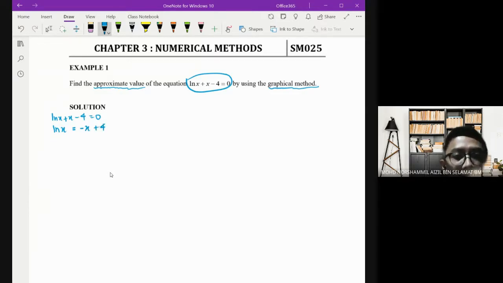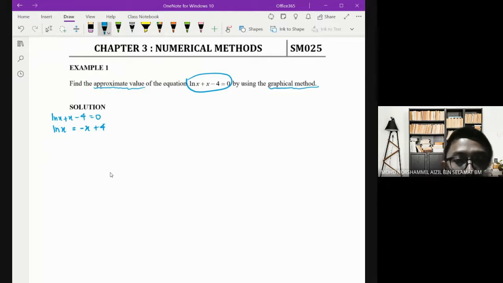I will try to split so that the function on the left looks easy and the function on the right looks easy too. For me, ln is a problem, so I make sure ln stands alone. The rest I bring to the right hand side. If you notice, the right hand side is linear, y equals to mx plus c.